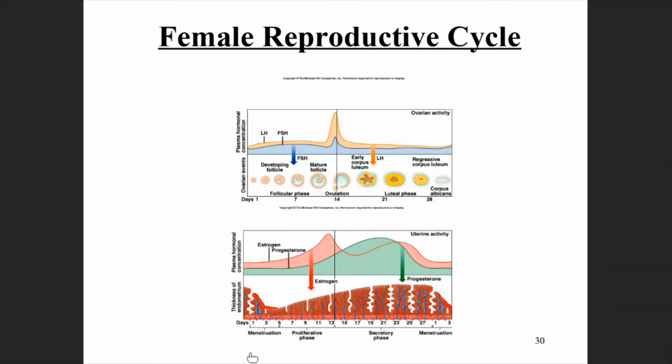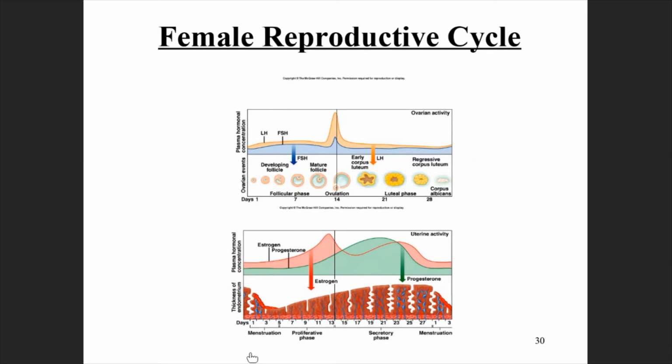Furthermore, in oogenesis, you have one major big secondary oocyte, and then one polar body. But when the sperm enters, that secondary oocyte finishes to give rise to another cell, another polar body, and the primary polar body will give rise to two secondary polar bodies.